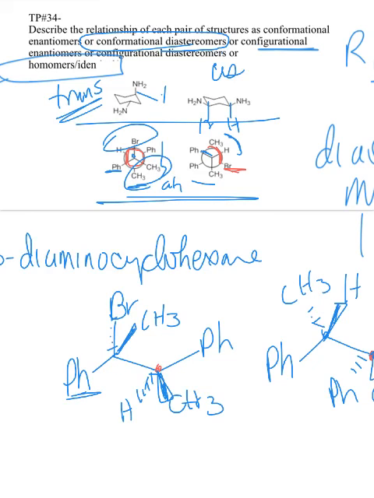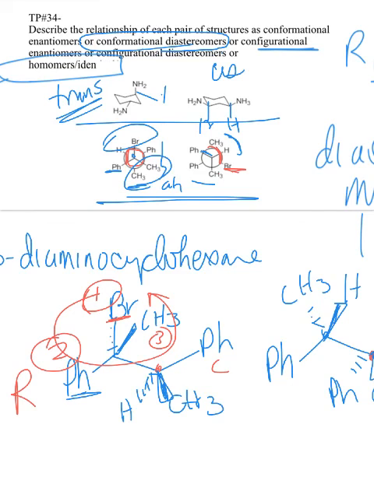Now what I would do is I would then name these. So you'd have 1, do the configuration, 1, this would be 2, this would be 3. Okay, so that's S, but then it's R because methyl is coming at you. And then this one here, you've got a carbon connected to a bromine, so I think this is 1, and this would be 2, and then this would be 3, and that's R. And you don't have to flip it because you have hydrogen going back.